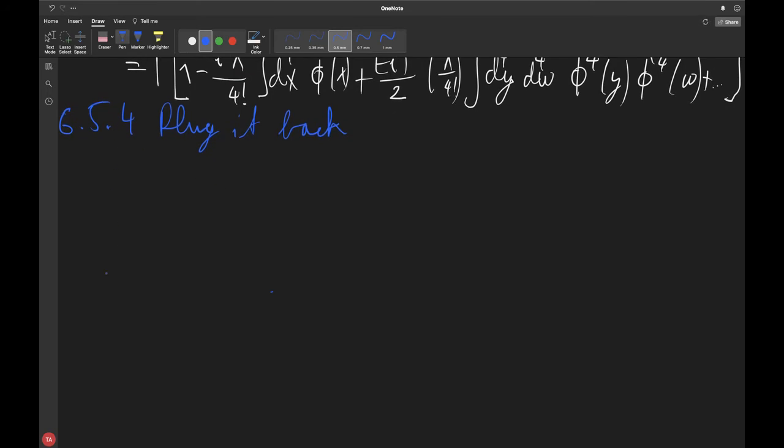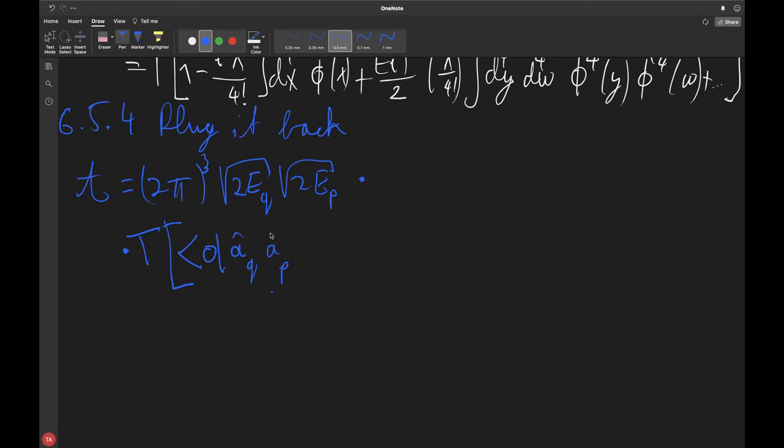So the amplitude A is 2π to the 3rd factor, the square root of 2E corresponding to q, the square root of 2E corresponding to the p momentum, multiplied with the time ordering of the vacuum, a_q operator, a_p operator dagger acting on the vacuum.